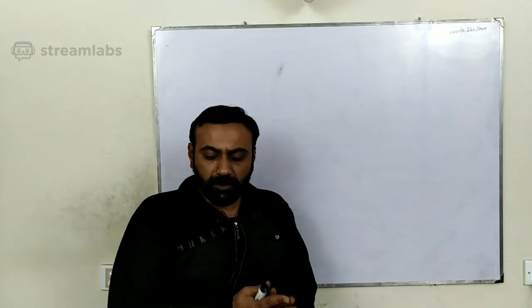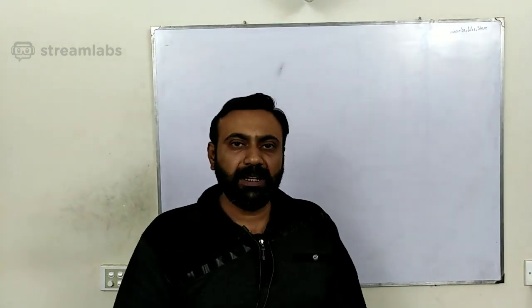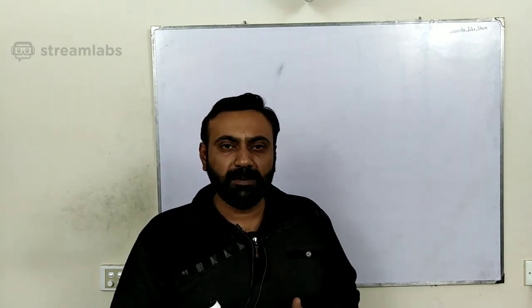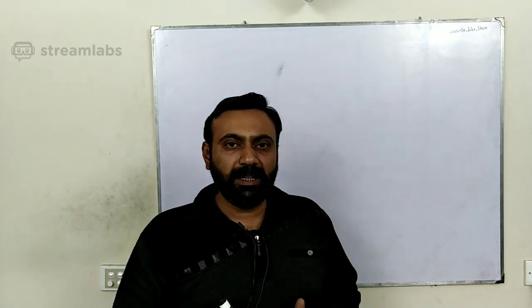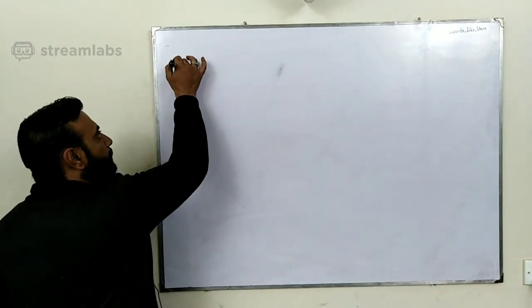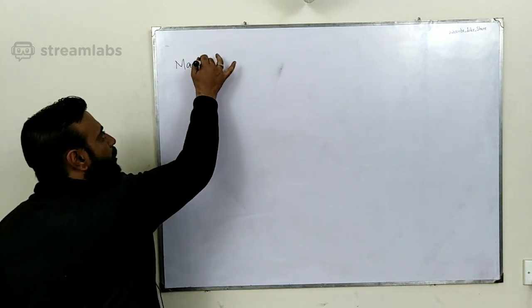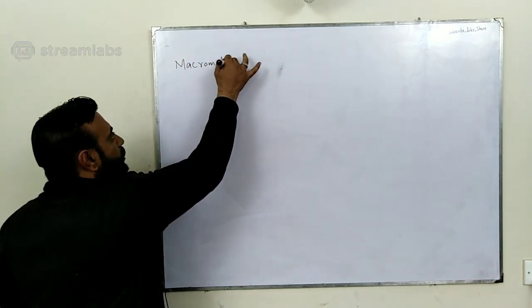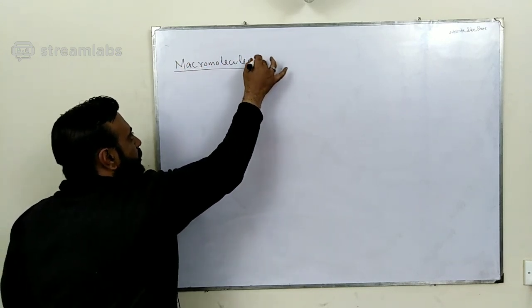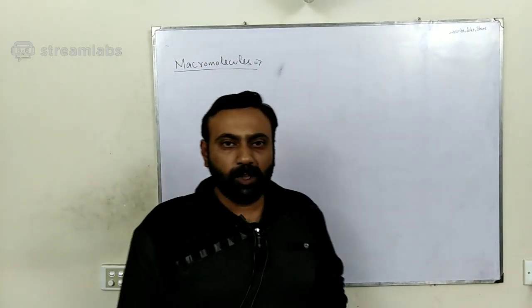Okay, so guys and girls, today's video is about addition polymers. So first of all, we need to understand a few terms. One term is macromolecules. See, what are macromolecules?